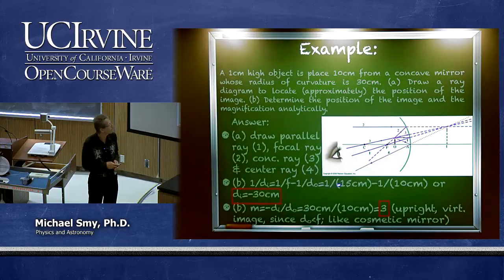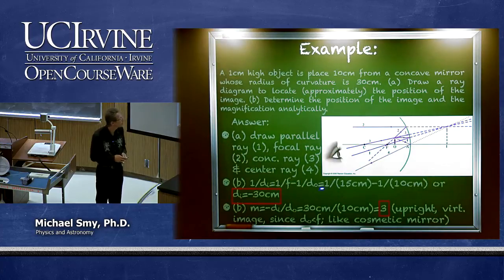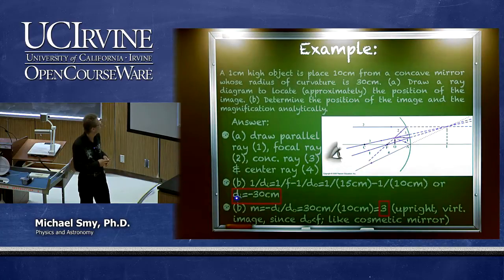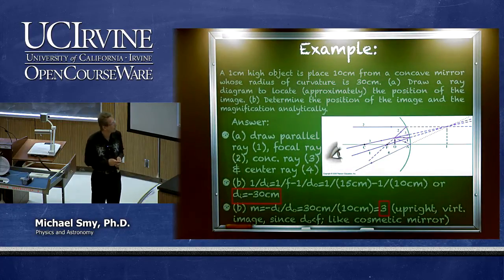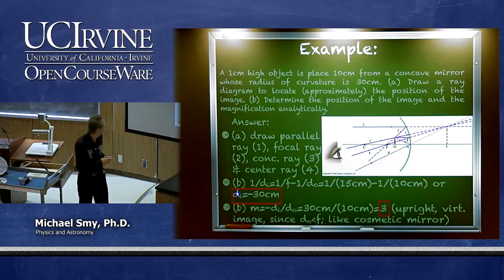Then the object distance is 10 centimeters, so the second term is 1 over 10 centimeters. If we type this into a calculator, then we get that the image distance must be minus 30 centimeters. And so the analytical solution also tells us that the image is behind the mirror, because this distance is negative.